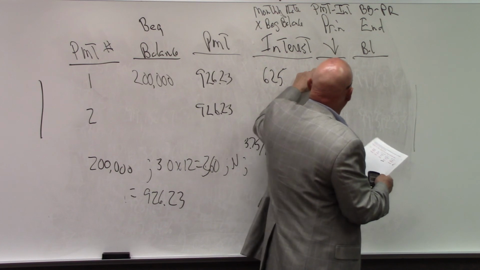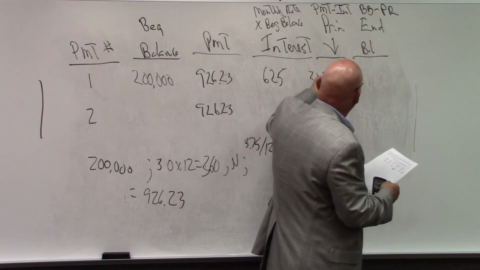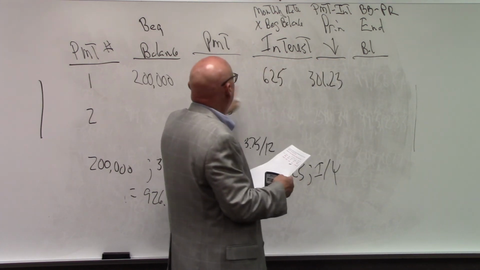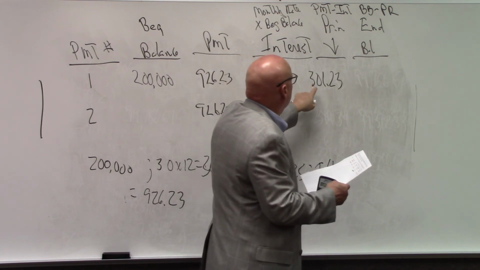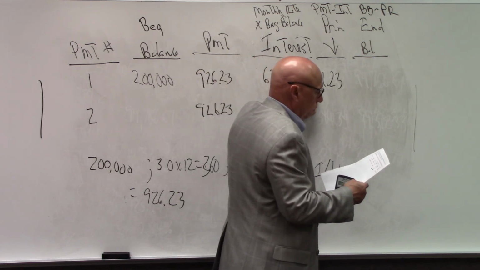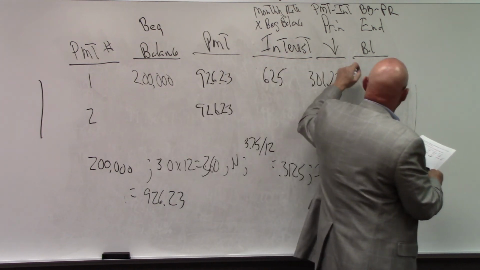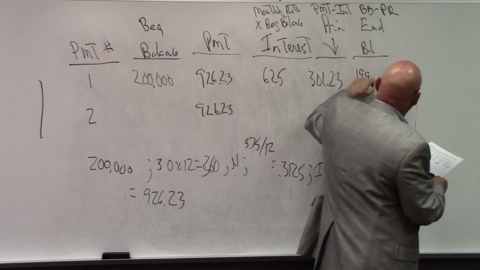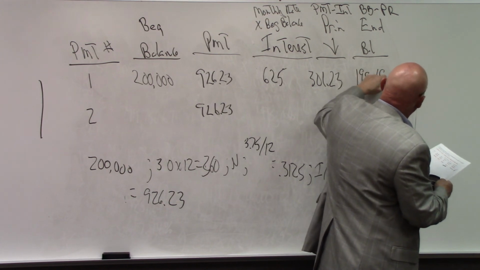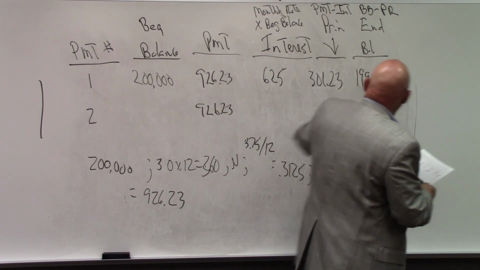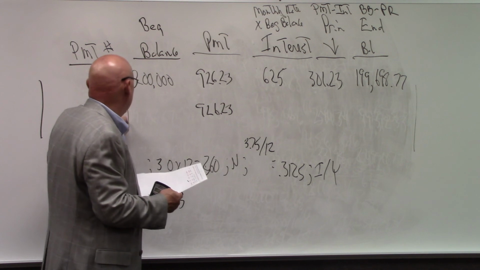And we have 301.23. So 926.23 minus 625 equals 301.23. Subtract that from 200,000, and we get 199,698.77, and that becomes our new beginning balance.